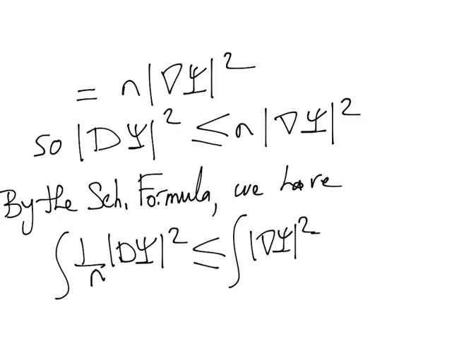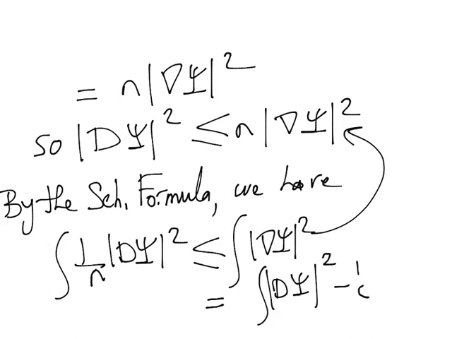It comes from the previous inequality. And now let's apply the Schrödinger formula. The integral of the norm of nabla psi squared is the integral of the norm of D psi squared minus 1 over 4 the integral of the scalar curvature times the norm of psi squared. And this is true for any spinor field psi.